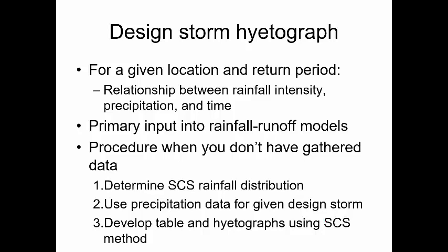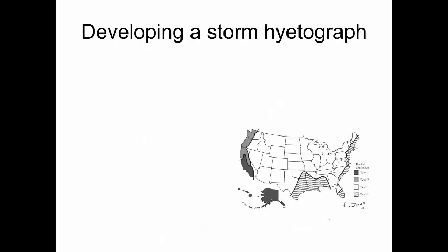The reason I'm showing you this is because it provides you with some valuable information about the types of rainfall distributions in the U.S. Okay, so the Soil Conservation Service is what used to be called NRCS. Now it's the Soil Conservation Service under the USDA that is in charge of all of this information.